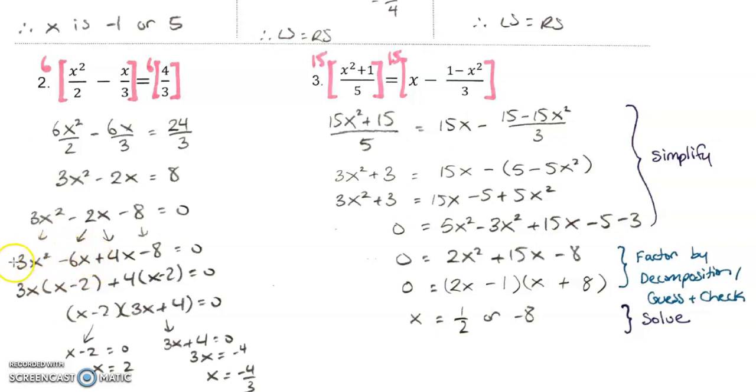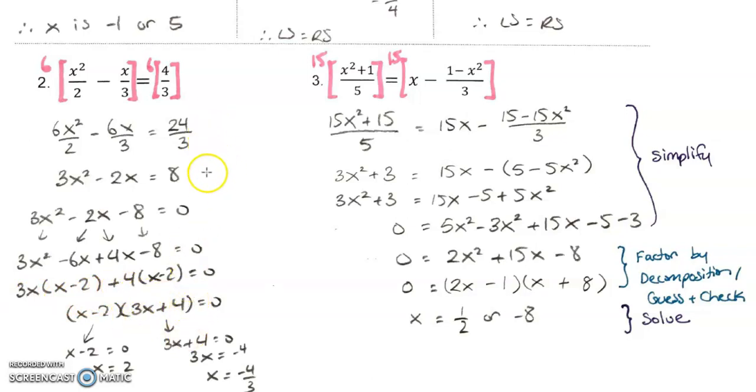It looks like a 3x can come out with the leftovers of x minus 2 from these first two terms. And then the last two terms, it looks like I could pull out a 4 with the same leftovers x minus 2 in brackets. And so the final answer from factoring is taking that x minus 2 away from both and putting the 3x plus 4 into a leftovers bracket.